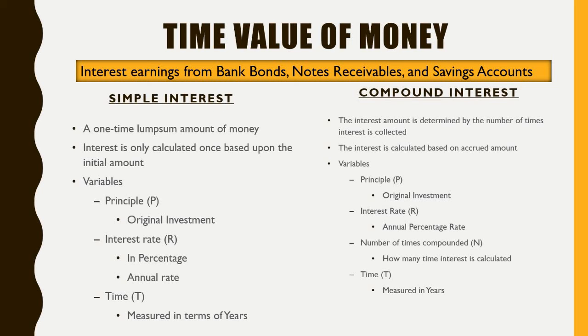The extra component here is the number of times you are being compounded. So the number of times you're being hit with interest, or where interest keeps calculating. How many times are you being calculated with interest? And then lastly, time, which is usually measured in years.